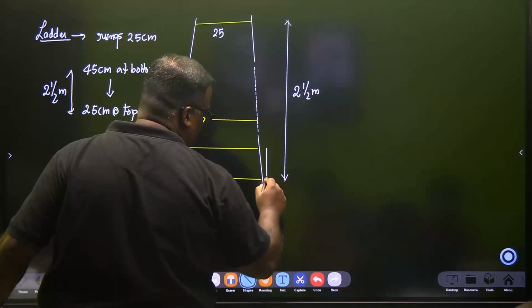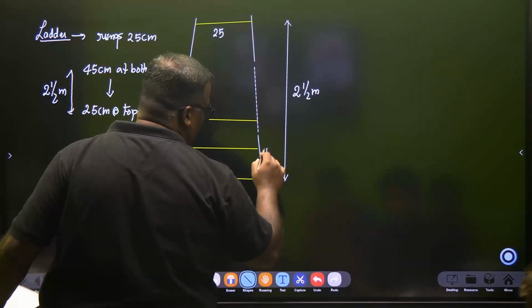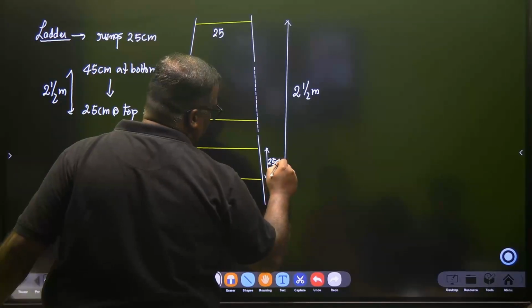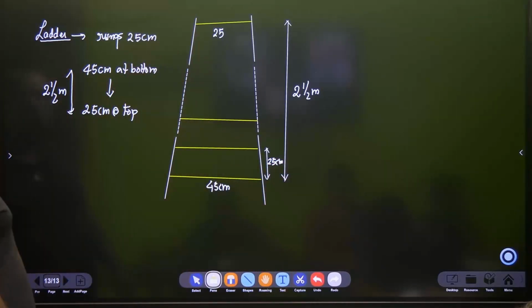So the spacing between the rungs is how much? 25 centimeters. We are asked to find out how much wood we will need to make it.